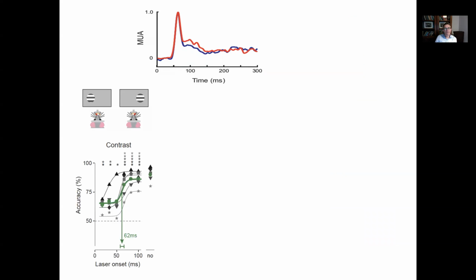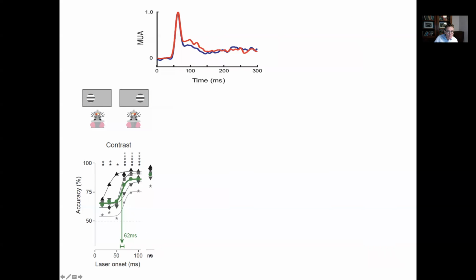If the mouse is in the task in which it only needs to detect contrast, what you see here is that we switch on the optogenetic light very early on, say at about 30 milliseconds. That is when the feedforward response has yet to happen.